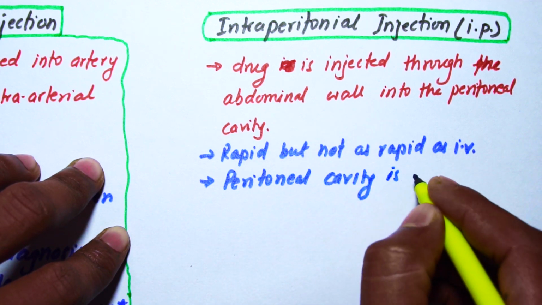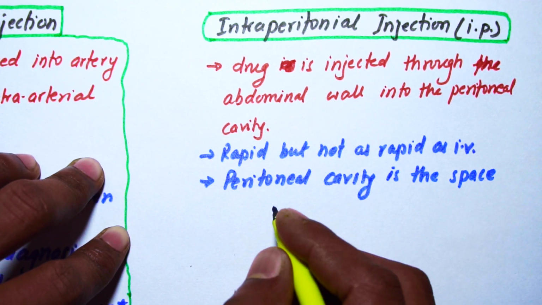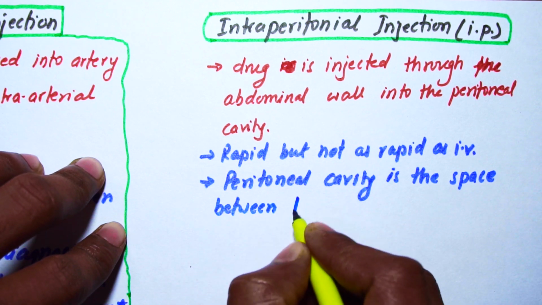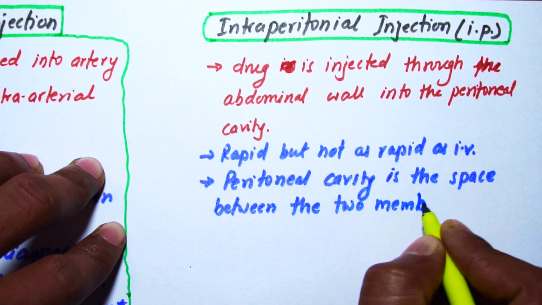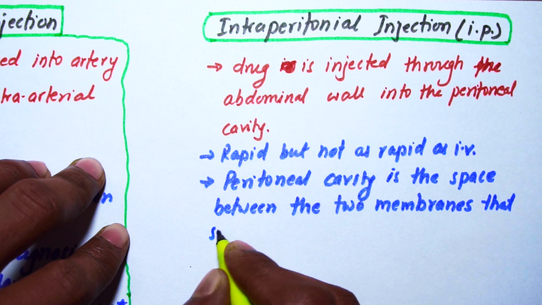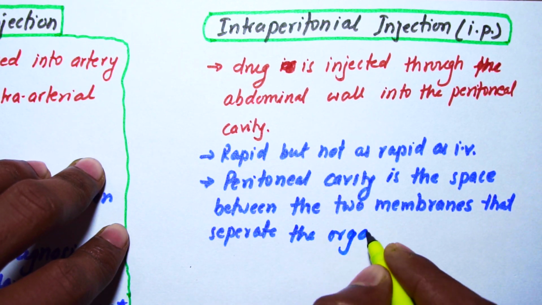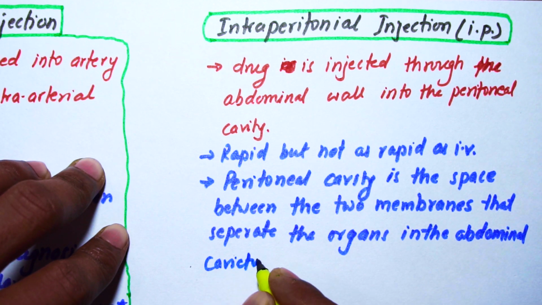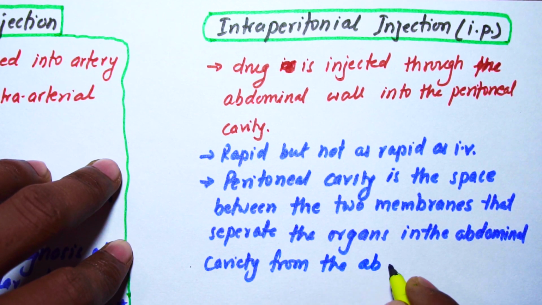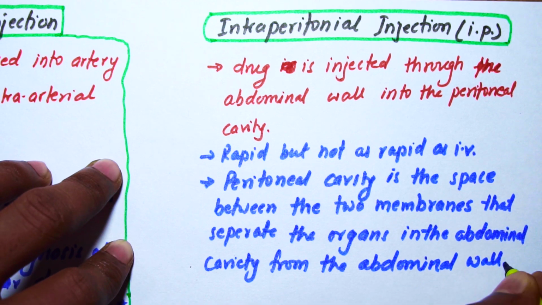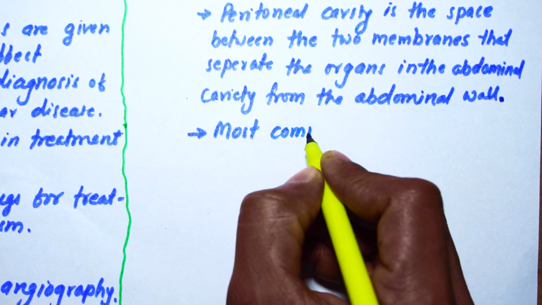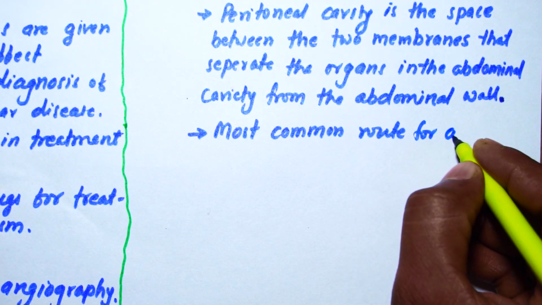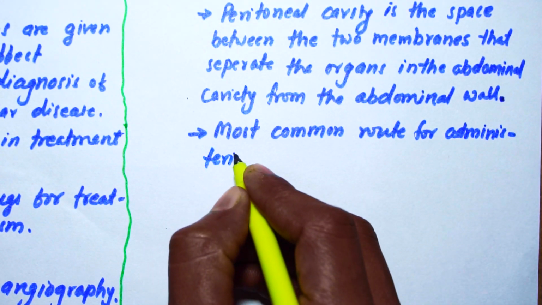The peritoneal cavity is the space between two membranes that separate the organs in the abdominal cavity from the abdominal wall.